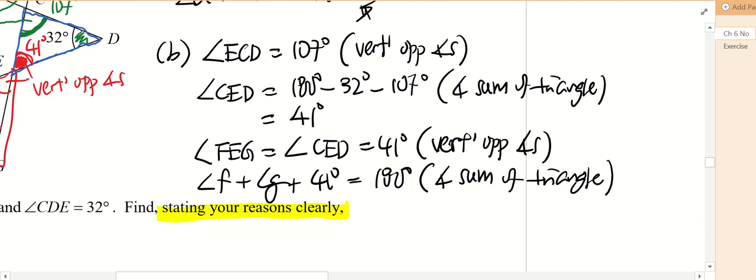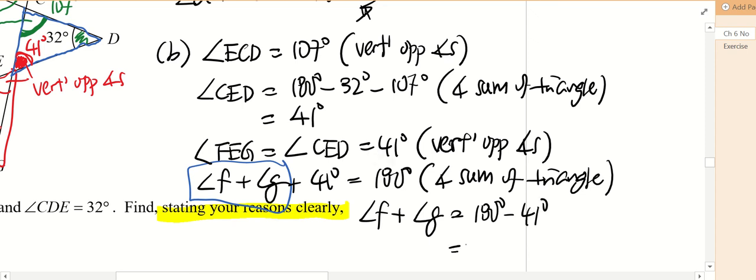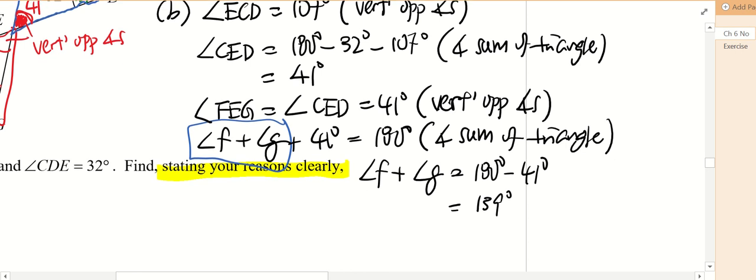Okay, and we are finally done. We are interested in finding F plus G. So angle F plus angle G equals 180 minus 41, and that gives us 139 degrees. And we're done.